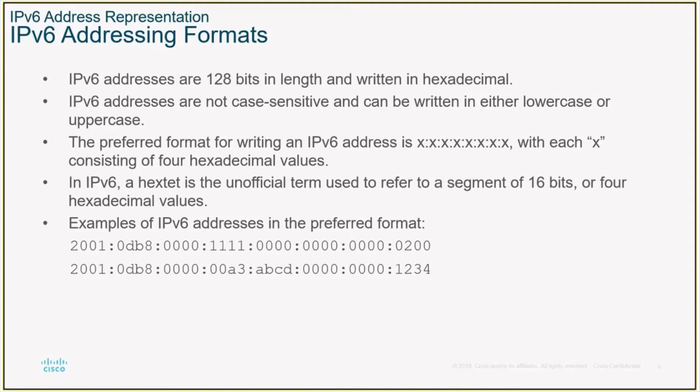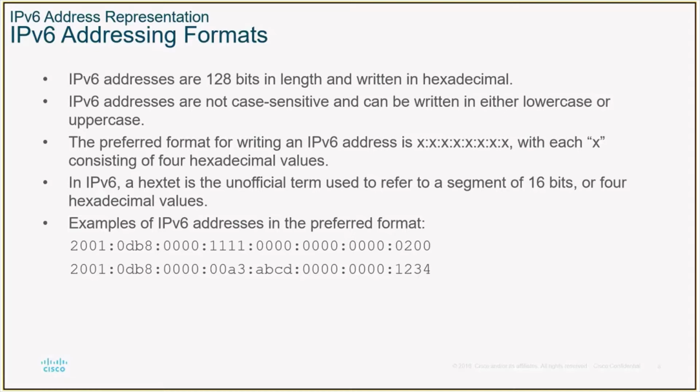And so it doesn't matter which way you write it. So the preferred format for writing an IPv6 address is basically 4 hexadecimal characters separated by a colon, then another 4, etc.